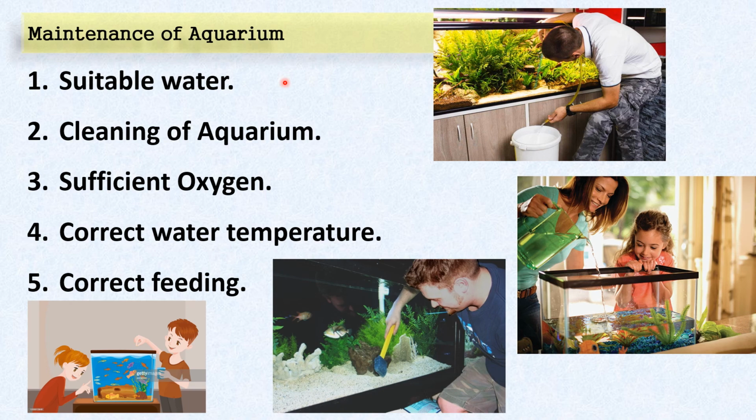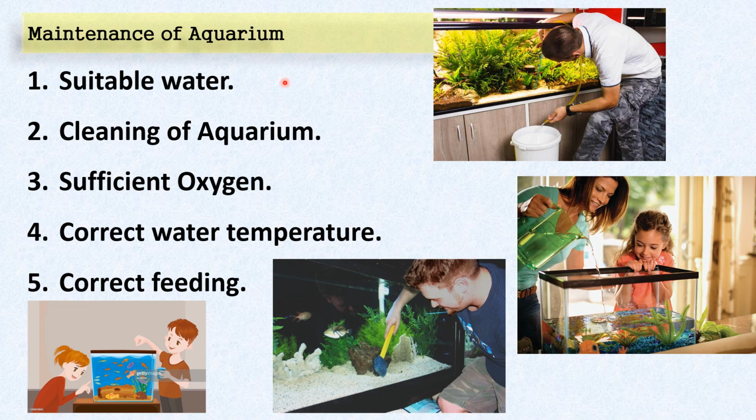So the ambient temperature is good. But in some places where the temperature is too low or too hot, especially if it is less than zero, then you have to use some methods of maintaining the correct water temperature.